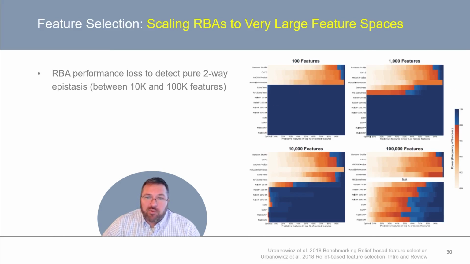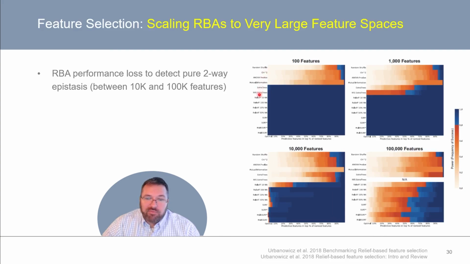The heat maps on the right illustrate experiments in simulated datasets with an increasing number of features in the data, the different algorithms tested shown on the y-axis, and the frequency of truly predictive features being ranked above all others on the x-axis. The top row of each heat map is a random shuffle of the features serving as a negative control.